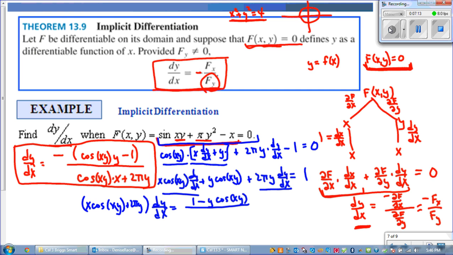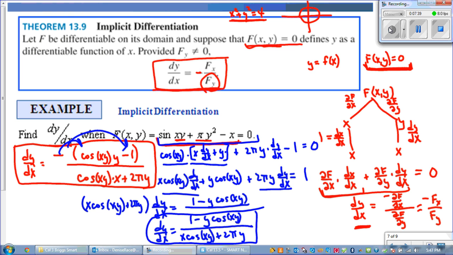And then the last thing is to divide by that. So we get dy/dx, and you'll see that it is the same answer. We just have the minus 1 distributed in the second answer.